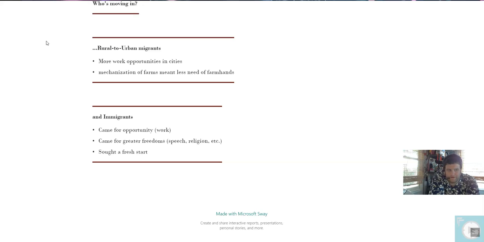We'll go into more details about these in future classes, and we'll also look at where they're coming from, because we see a shift of different groups of Europeans coming into the United States as well as other groups. But one thing worth noting is that as places like the United States and Britain industrialize, more economic opportunities are popping up in these countries.